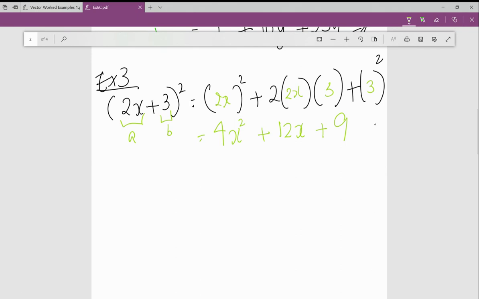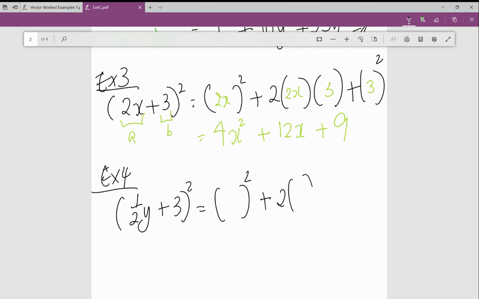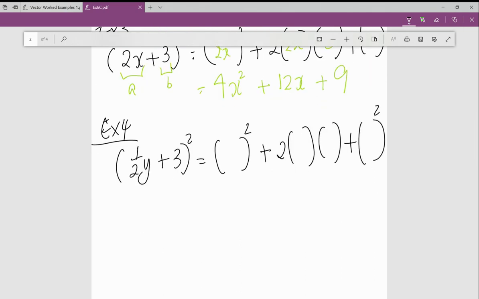I hope you understand. I'm going to give you a final example. Example 4. This time let's try with a fraction, maybe half y plus 3 squared. It doesn't change. It's still the same. Put a squared plus 2ab plus b squared. In this case, a is half y, and I know b is equal to 3.